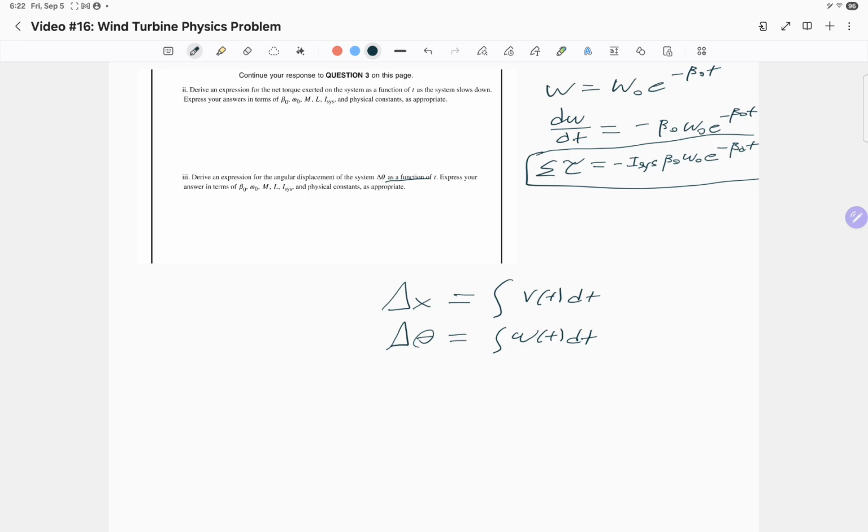Our limits are still very important here because we need to take into account that we're starting at an angle 0, starting at time 0, and going to a time t.